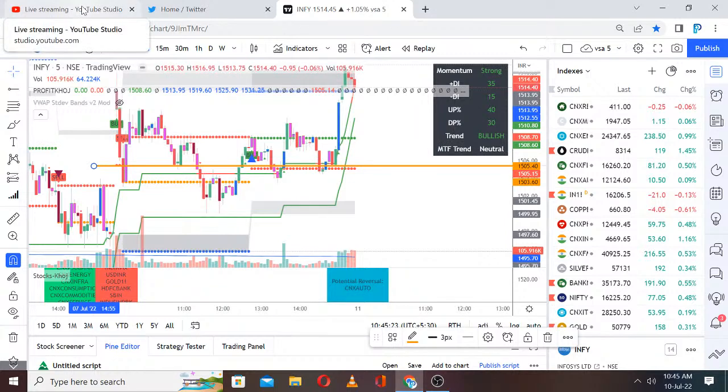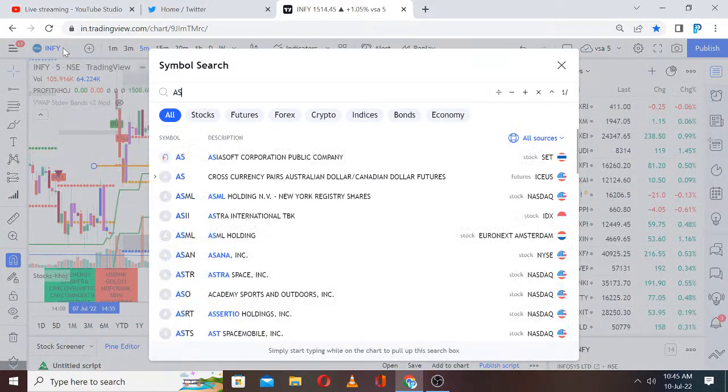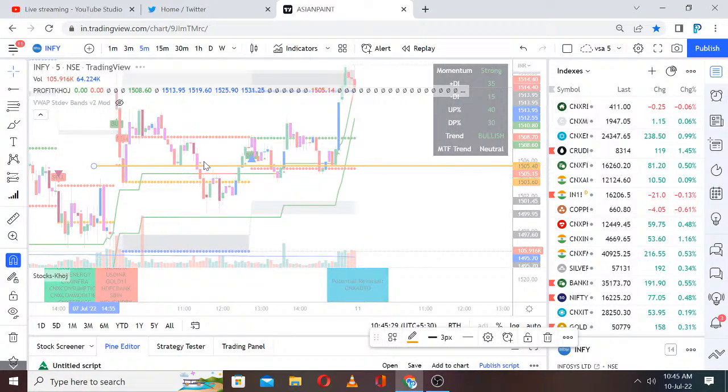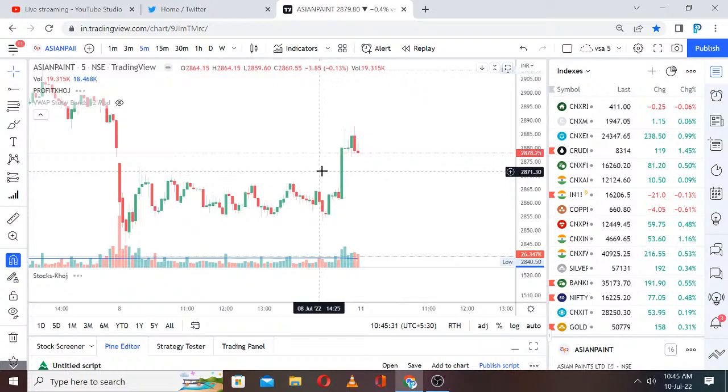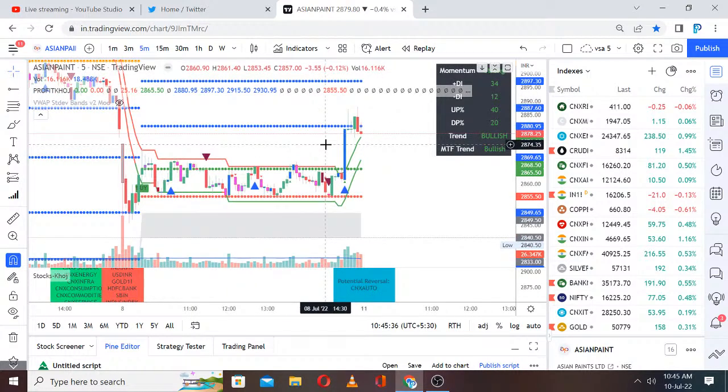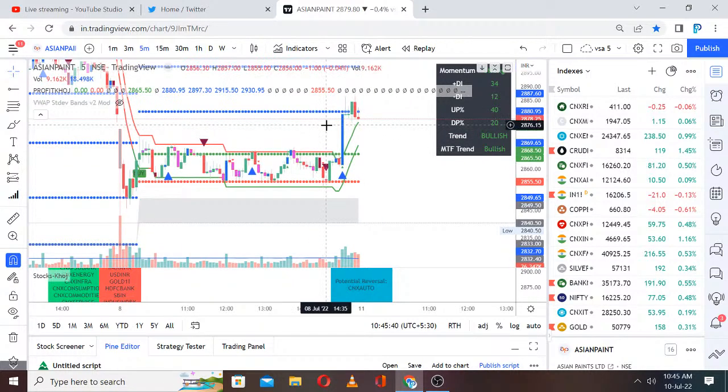So moving on, next we have Asian Paints. Also these will give some of the breakouts.